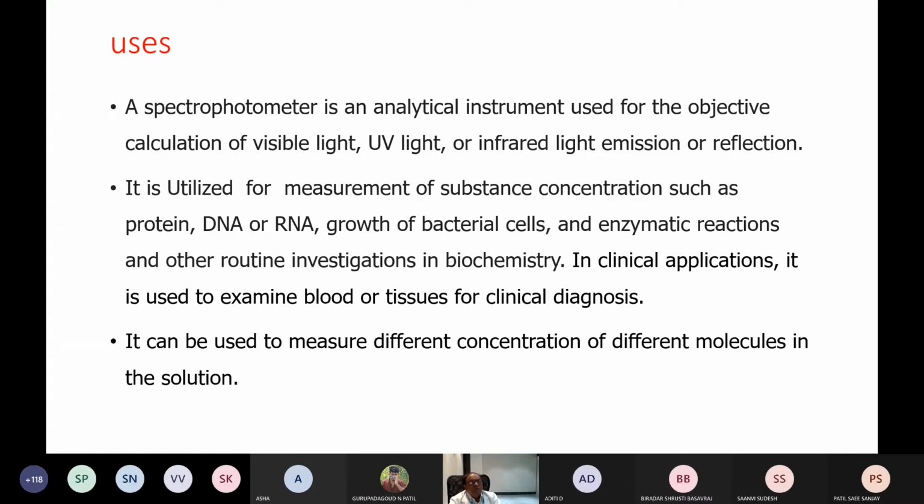In clinical biochemistry or other laboratories, it can be used for the measurement of substrate or substance concentration like protein, DNA, RNA, growth of bacterial cells, and more importantly, enzymatic reactions.